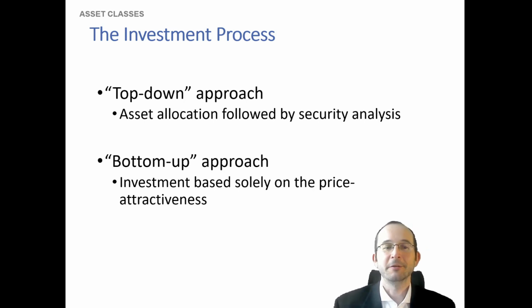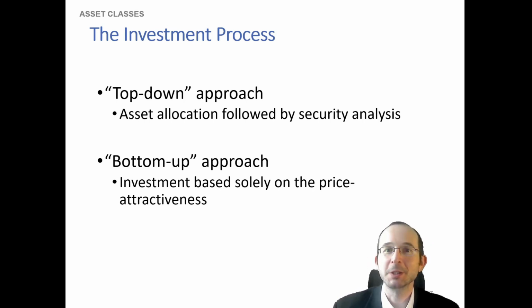Whereas the alternative is a bottom-up approach where actually you just look at the attractiveness of individual securities without worrying about what asset class they belong to, and just deploy your capital that way. The downside of potentially doing it this way, the bottom-up approach, is of course that you might end up overweighting a certain asset class.